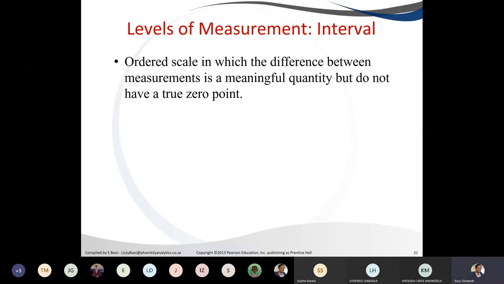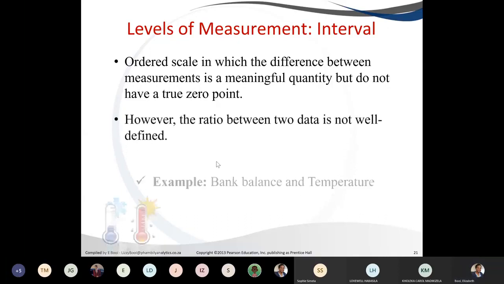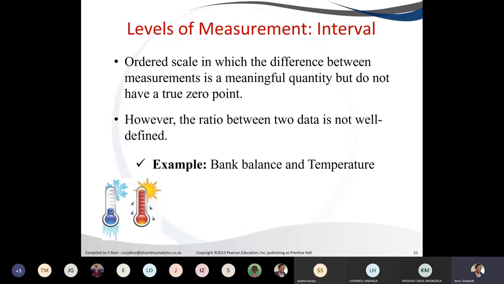Temperature, how hot it is, can go into negative degrees. Like I said, there are very few things you can assign an interval scale to. Temperature, your bank balance, where it goes into debit or credit, where it's negative. What else goes negative?